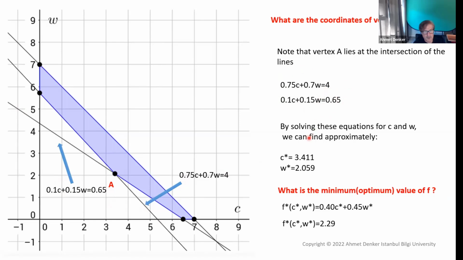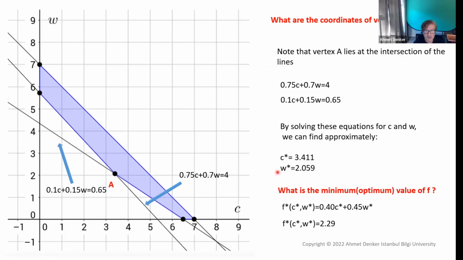And if I solve them for the variables c and w, in this case, instead of x and y, we use c and w. C is the horizontal axis, w is the vertical axis. And we can easily solve these two equations for these two unknowns and find the values.